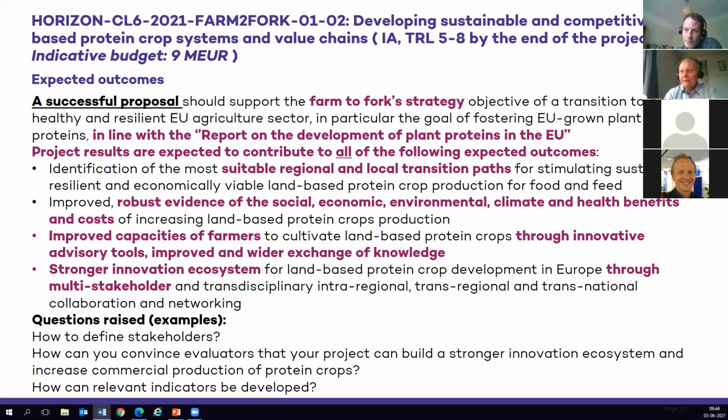So I think a very carefully described topic, and here my ideas for questions that could be raised are: how should you define your stakeholders? How can you convince evaluators that your project can build a stronger innovation ecosystem?